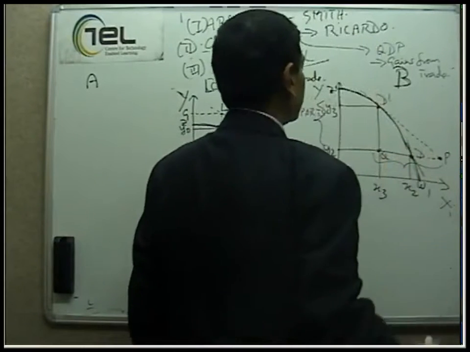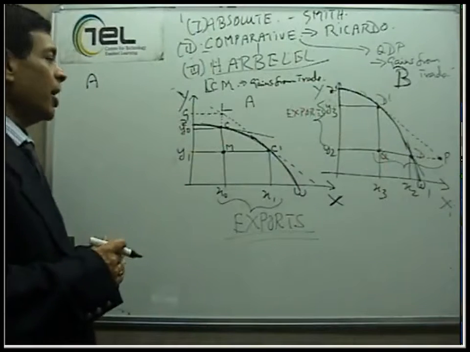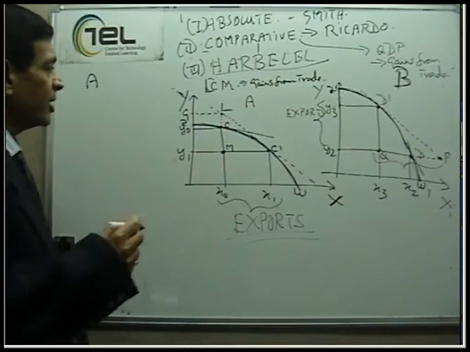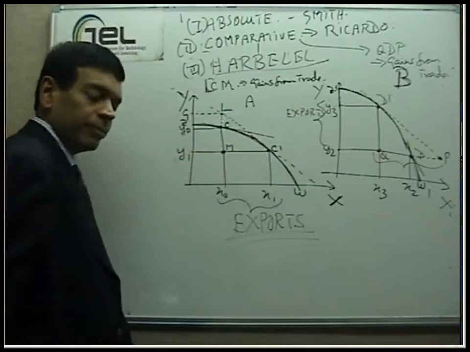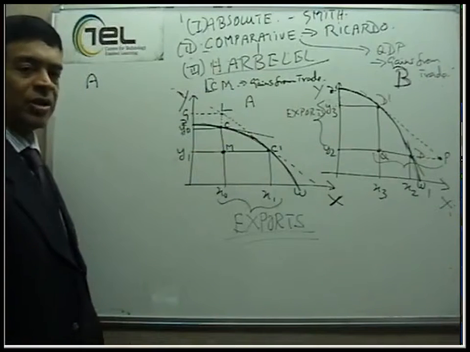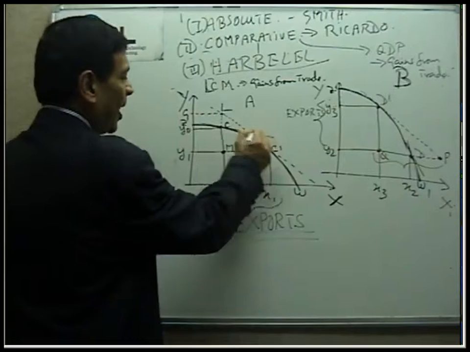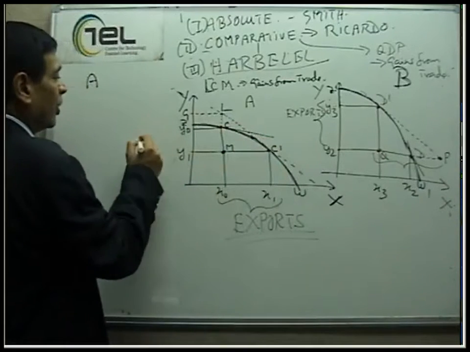Now supposing we have a scenario where, in country A, the initial equilibrium was at point C. The initial equilibrium is arrived at where the domestic price ratio, this black line here, is tangent to the PPF.